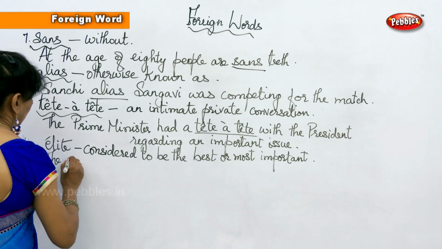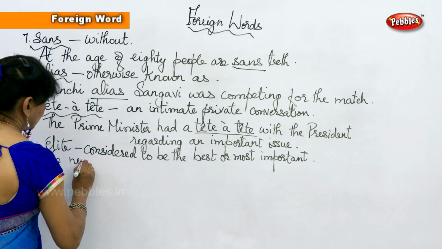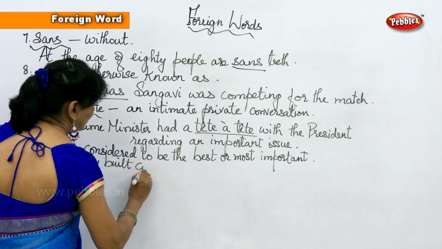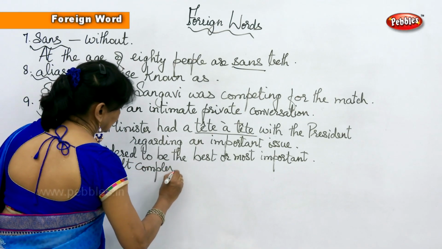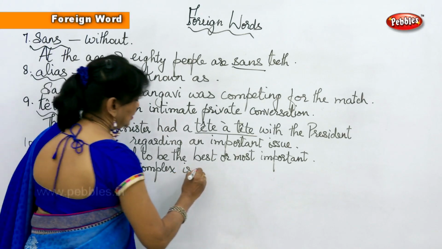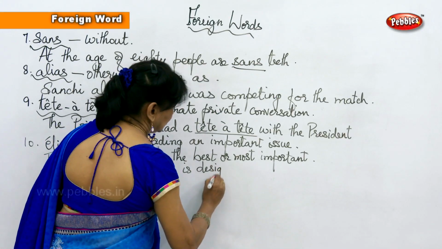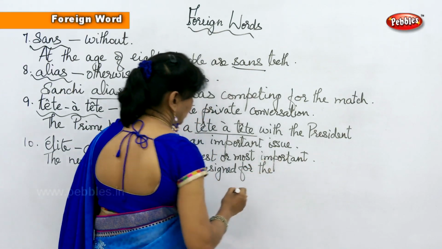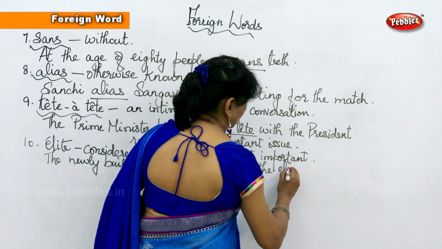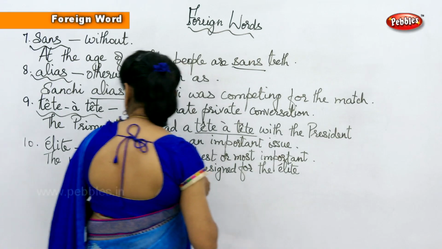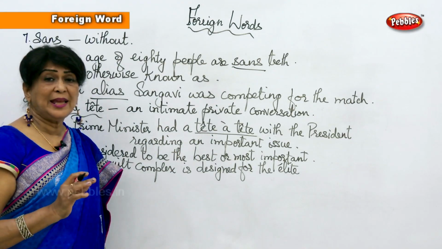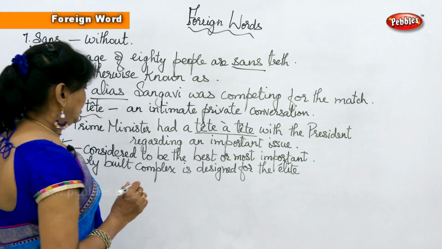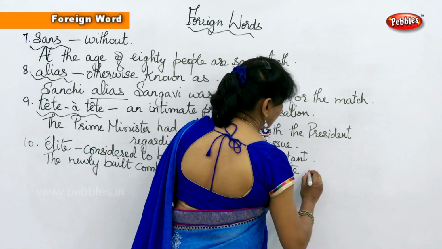The newly built complex is designed for the elite crowd. Many people pronounce this word incorrectly. Elite, okay? The elite complex is designed for the elite crowd.